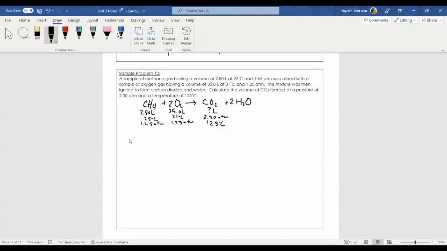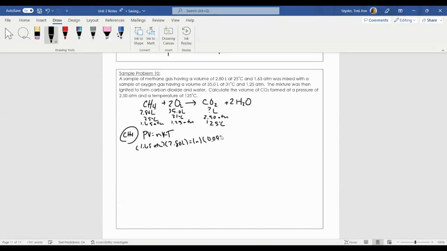So we're going to use PV equals nRT first to compare the number of moles of methane that reacts with the number of moles of oxygen. So let's use PV equals nRT to solve for n, the number of moles. Pressure is 1.65 atmospheres. Volume is 2.80 liters. Let's solve for n.